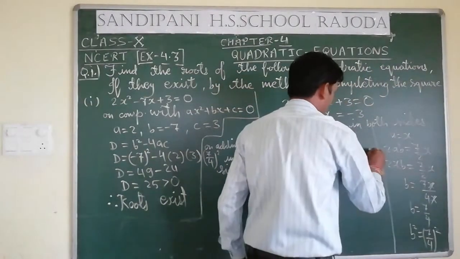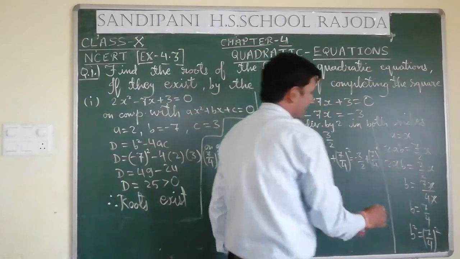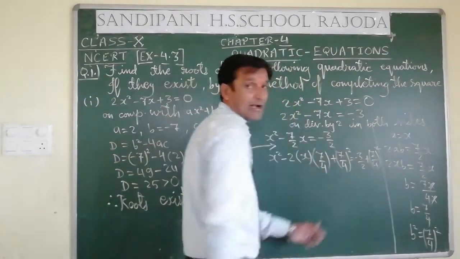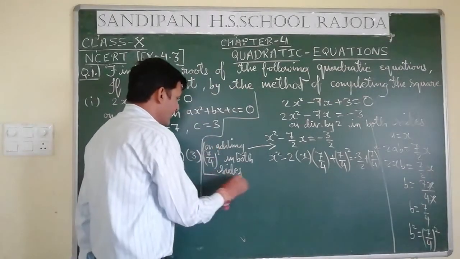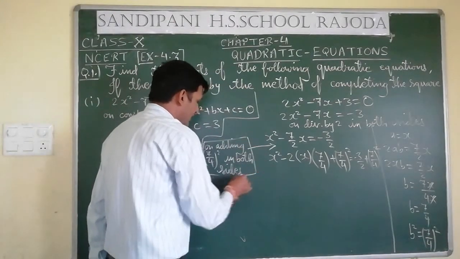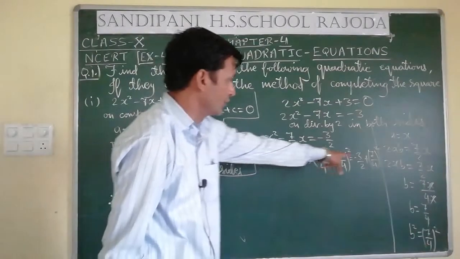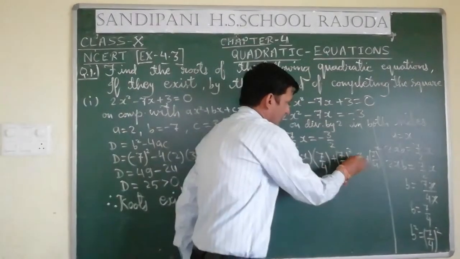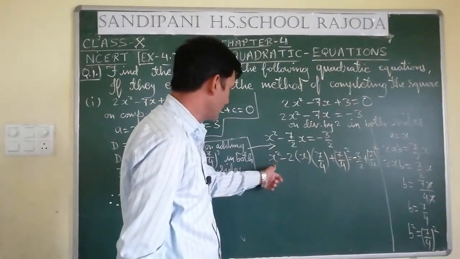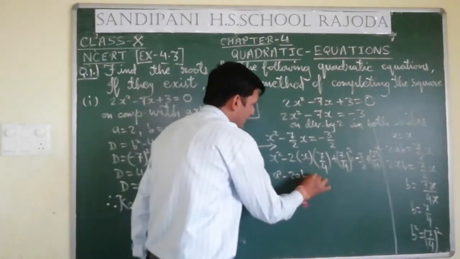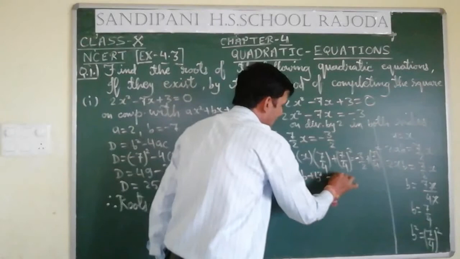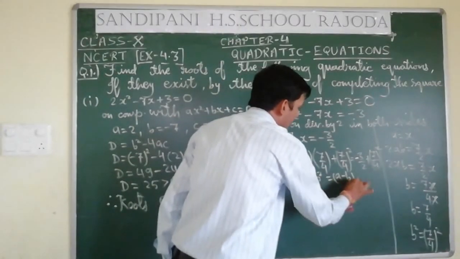(7/4) square. Why are we adding this? For making it a complete square. For making it a complete square, we are adding (7/4) whole square in LHS and RHS both. See. So what will it become? a square minus 2ab plus b square is equal to (a minus b) whole square.